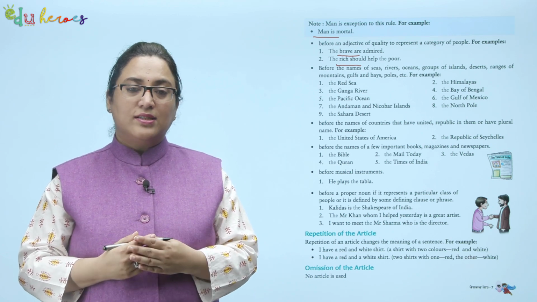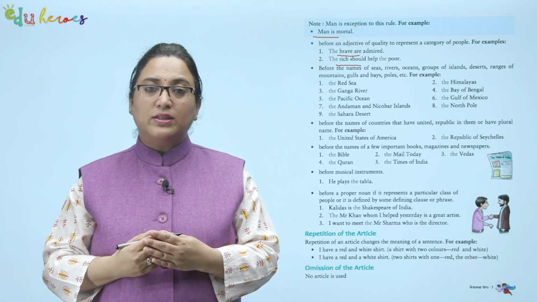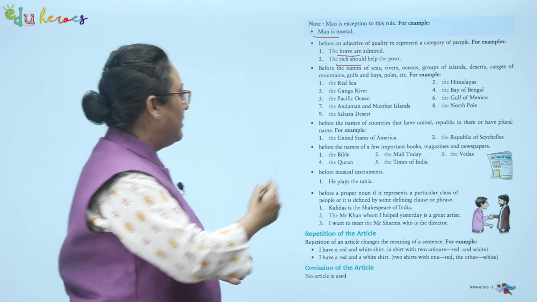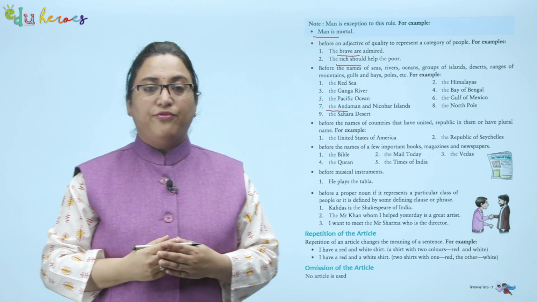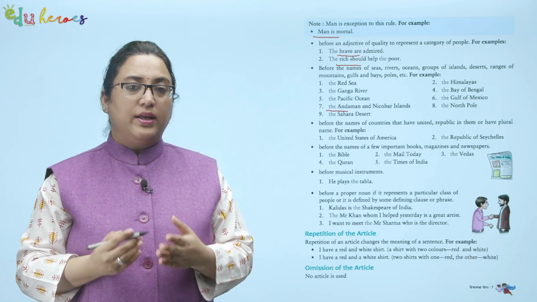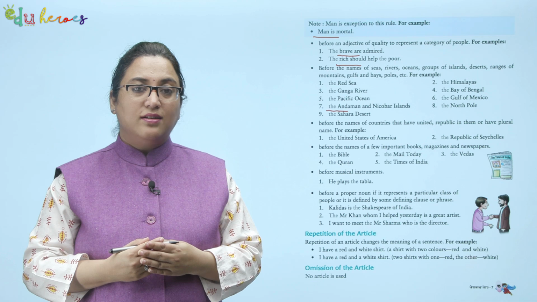All these names are names of seas and rivers. And also you must have noticed when I said the Andaman. So whenever the is placed before a vowel beginning word, the will be pronounced as thee.